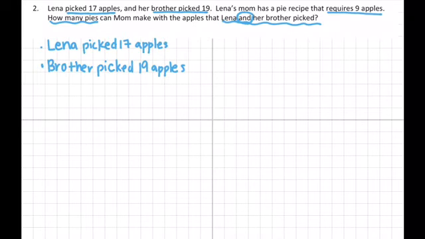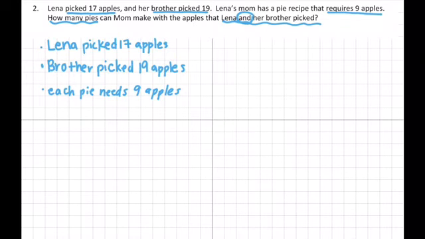And now there's a third thing I know. Each pie needs 9 apples. This right here tells me this is a 2-step word problem. I'm going to have to do 2 separate things to solve this problem.